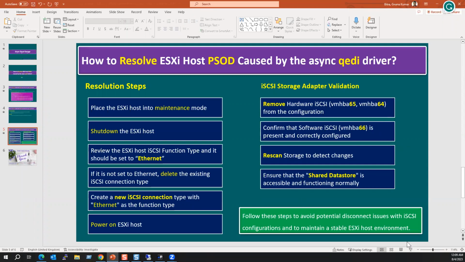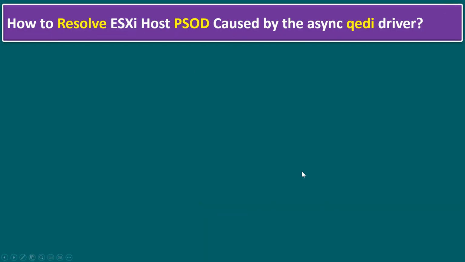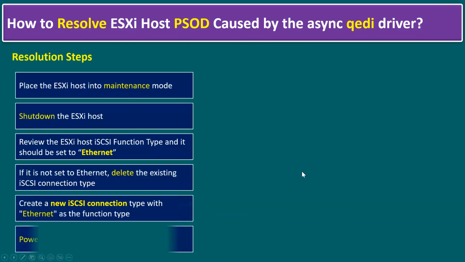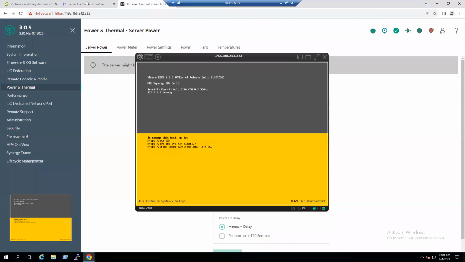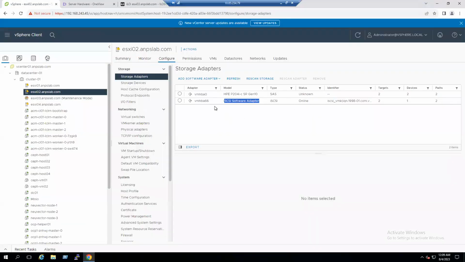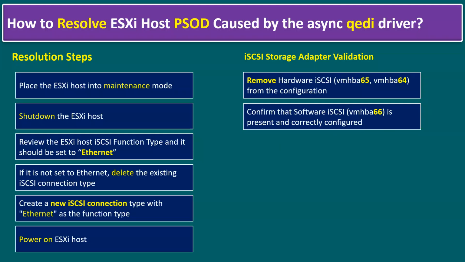Let me save. Okay, and confirm the software iSCSI 66. Let me verify the numbering is correct or not. Yeah, 66 only refers to the iSCSI software adapter. So this is our validation step.